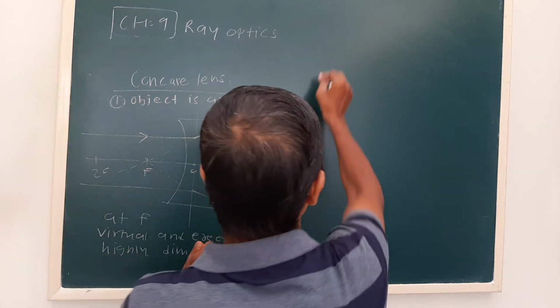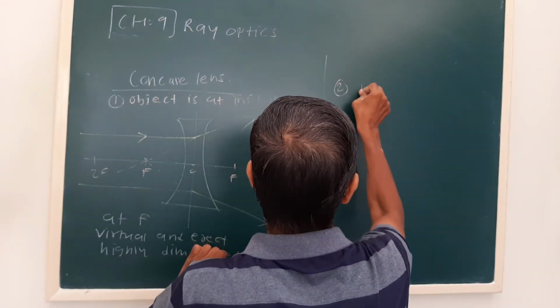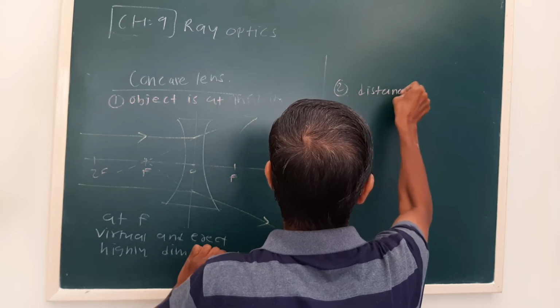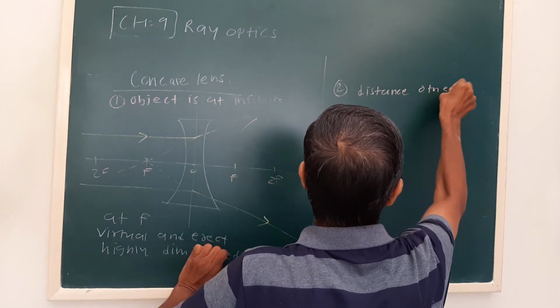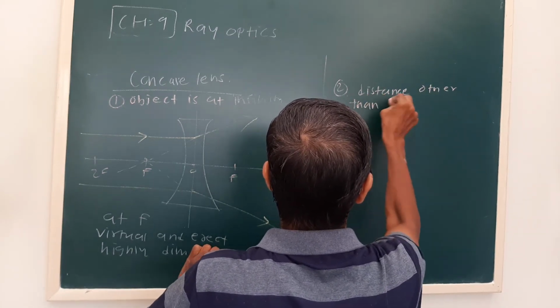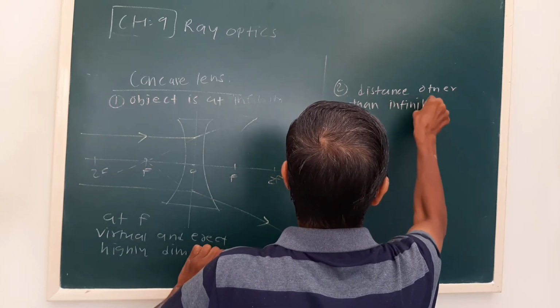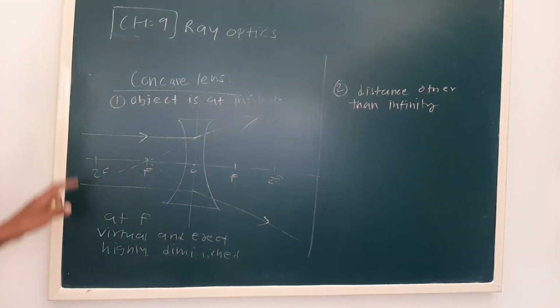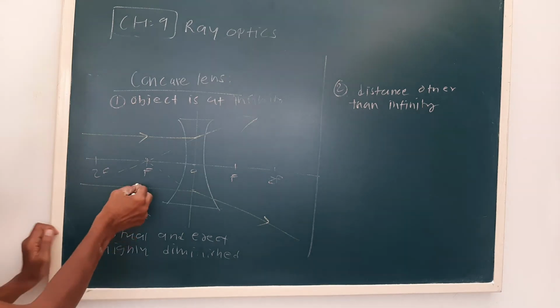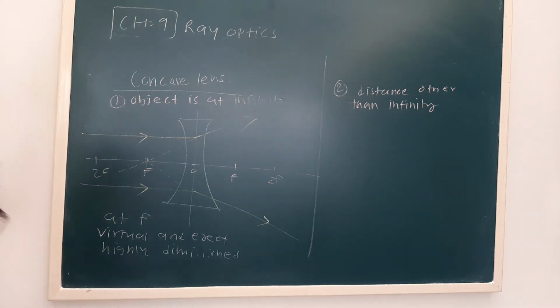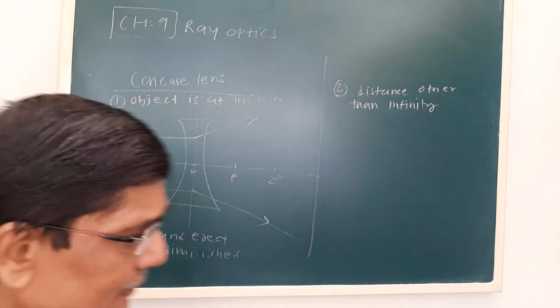Now the second condition: the object at a distance other than infinity. Here, when the object was at infinity, we considered the rays parallel to the principal axis.